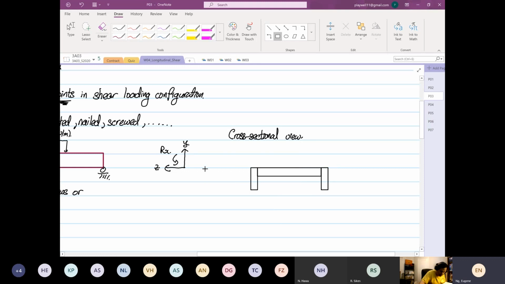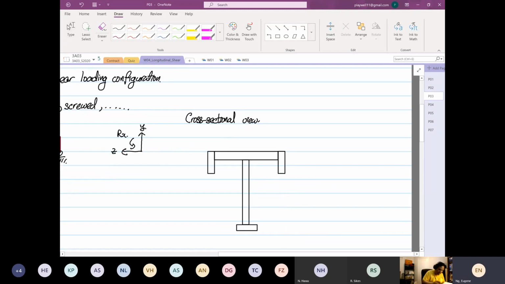It can be wood, it can be steel. So this is your cross section, and then I decided to put another piece at the bottom, over engineered.